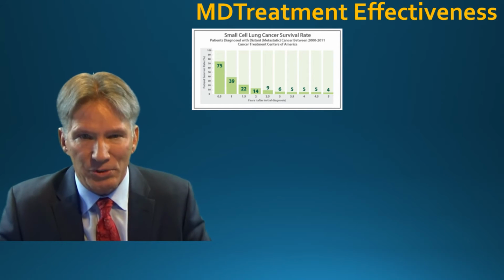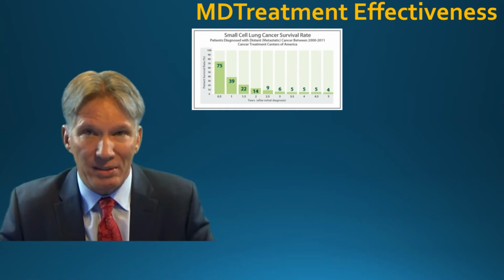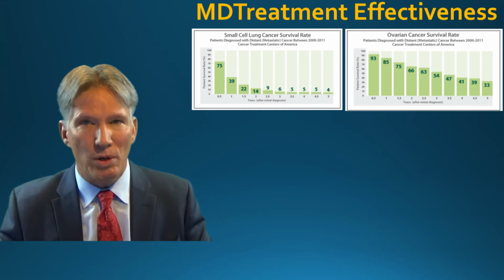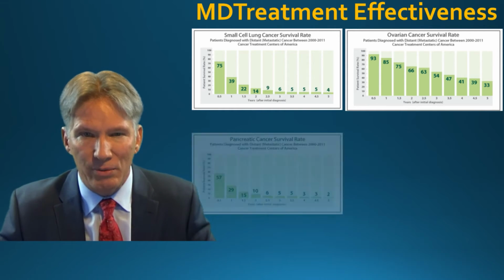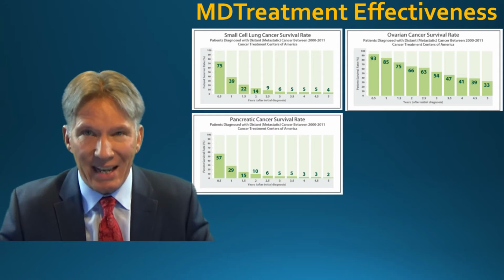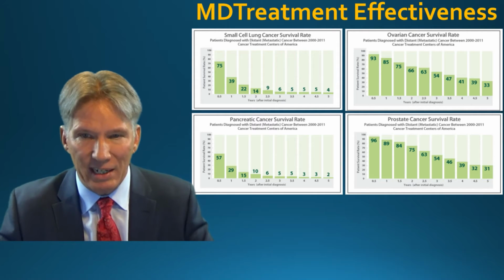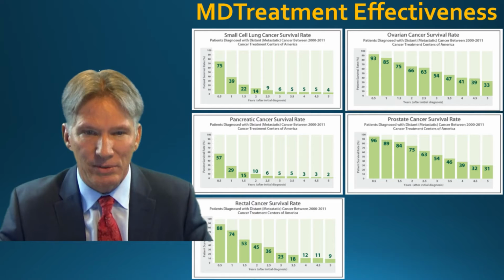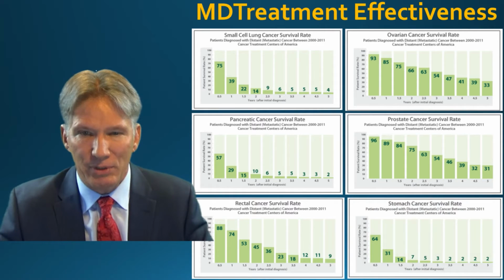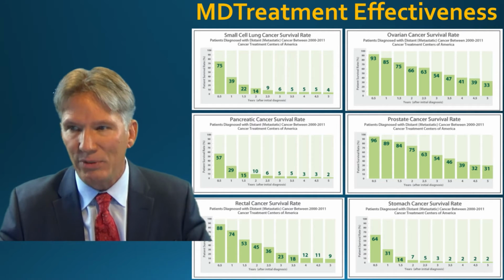Small cell lung cancer survival rate, 96% of the people who get small cell lung cancer are dead within 5 years. 67% of women who get ovarian cancer are dead within 5 years. 98% of people who get pancreatic cancer are dead within 5 years. 69% of men who get prostate cancer are dead within 5 years. 91% of people who get rectal cancer are dead within 5 years. 98% of people who get stomach cancer are dead within 5 years.